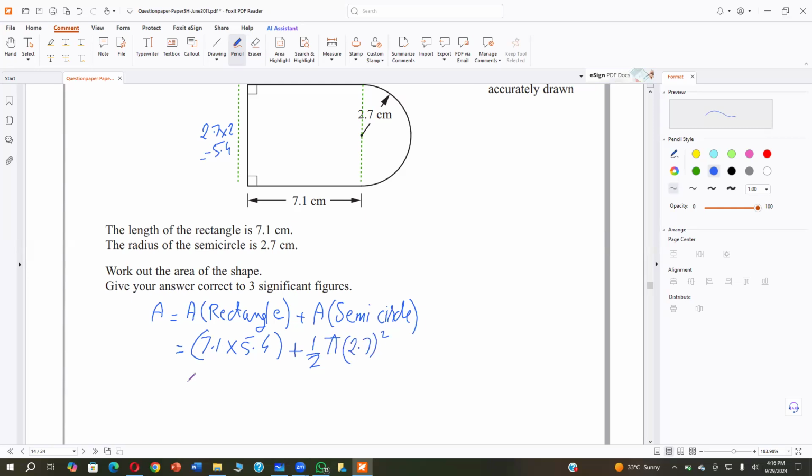Let's see what you get. Then I will take that because I think the working would be the same. I got 49.8.